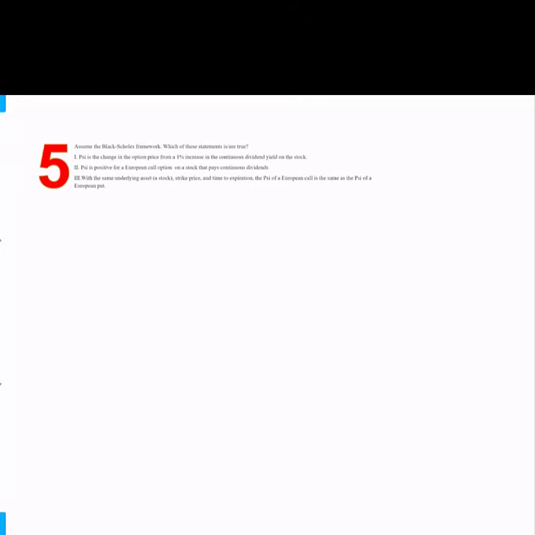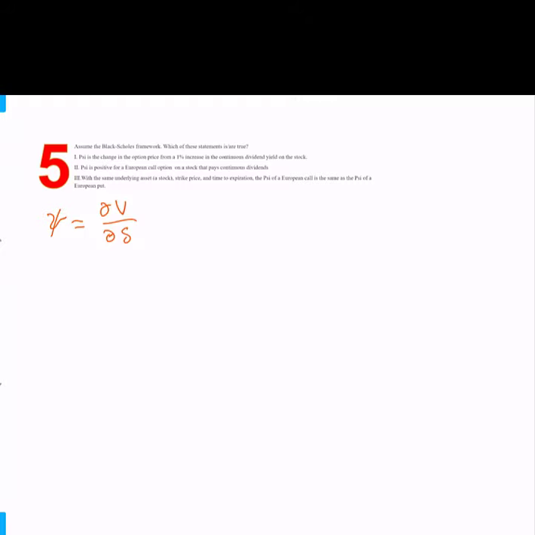That's question number 5. So in order to answer this question, we need to write down the formula of psi. Remember, psi is notated by this notation, and it's equal to the partial derivative of the value of the option with respect to the dividend yield rate, right?